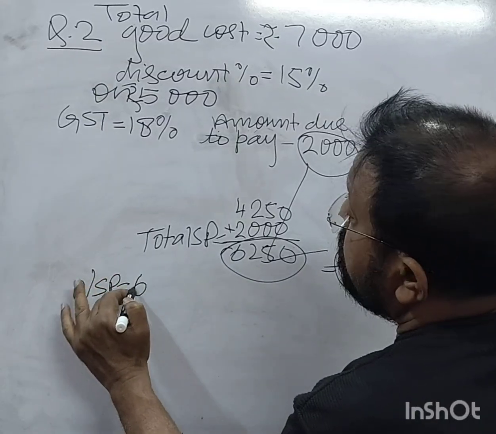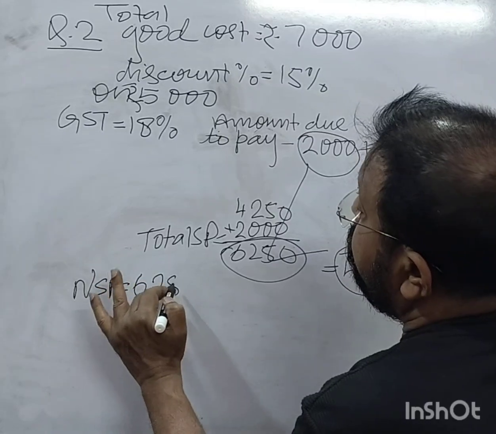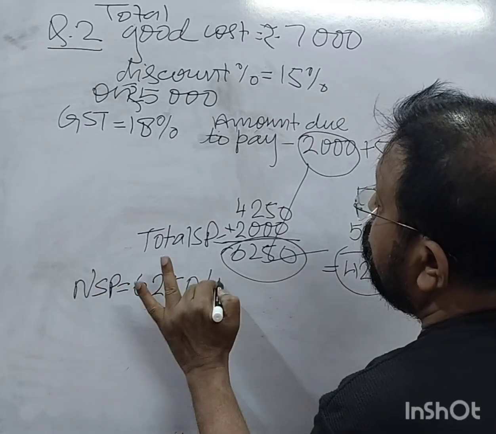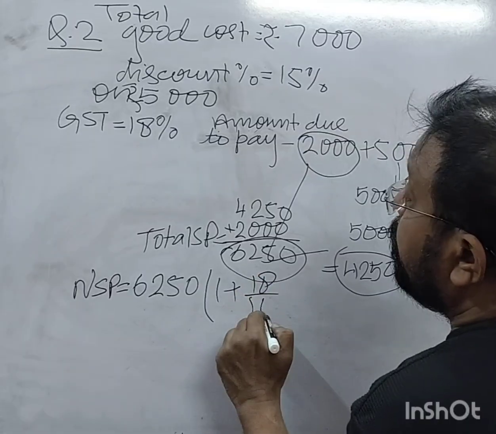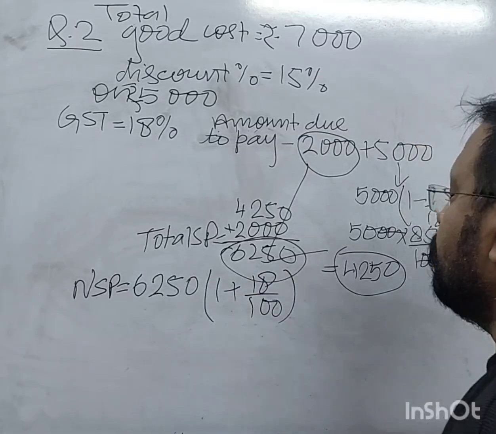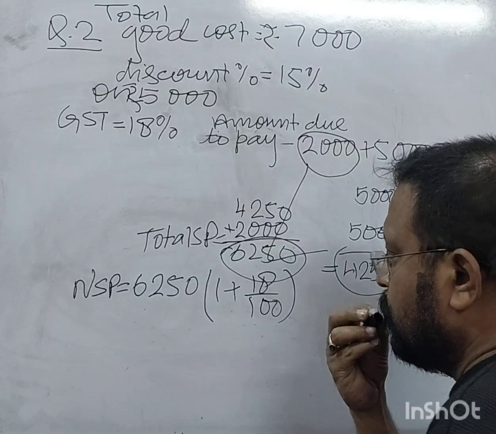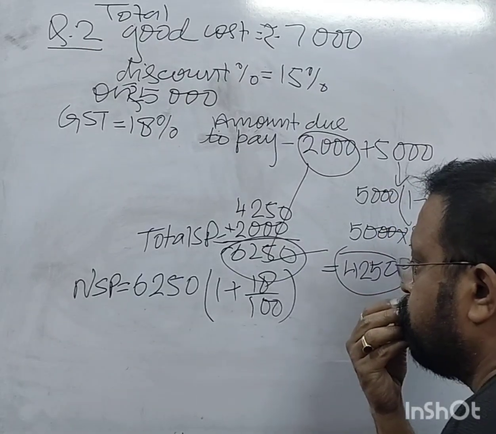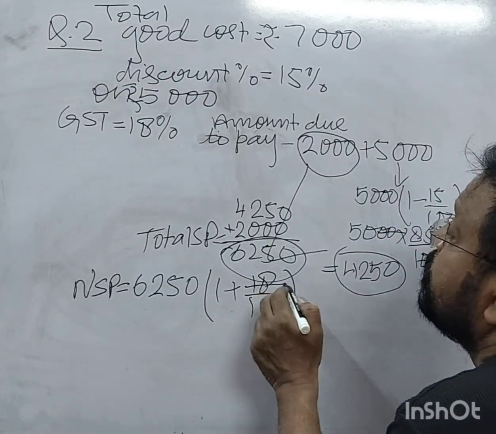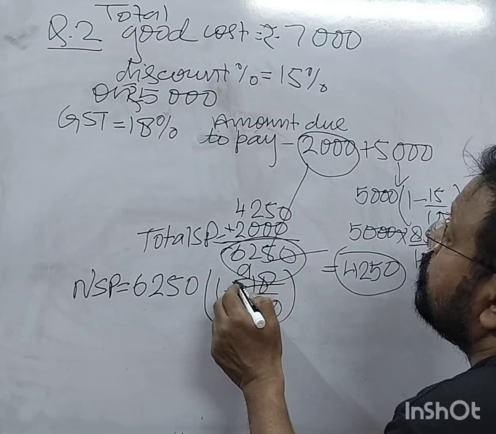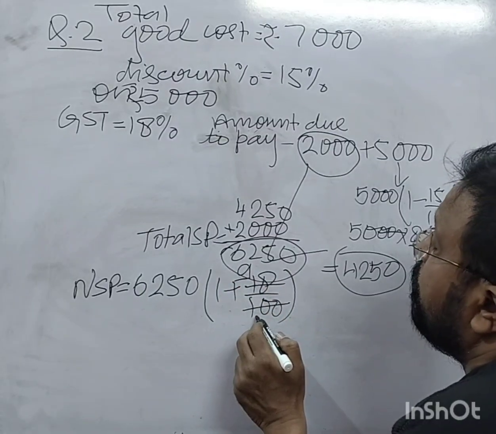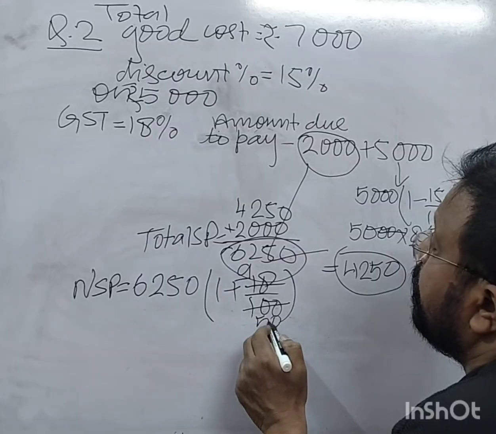6250 bracket 1 plus 18 upon 100, right? It's 9 times 2 becomes 18 and 5 times 2 becomes 10.